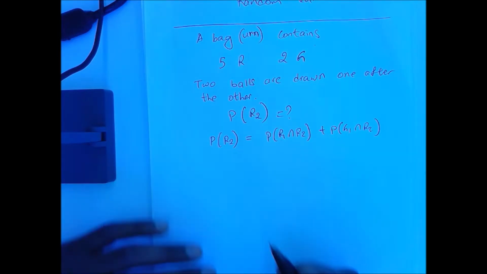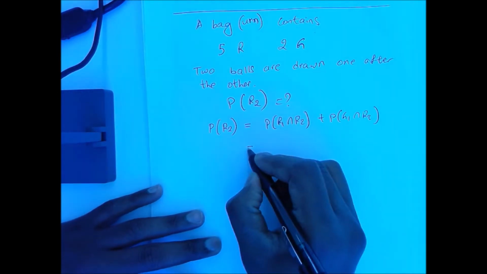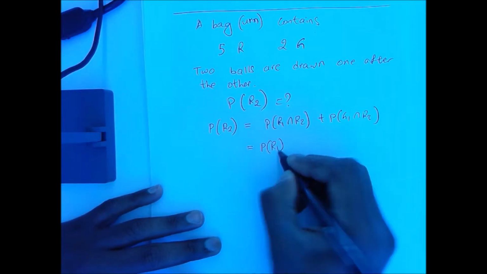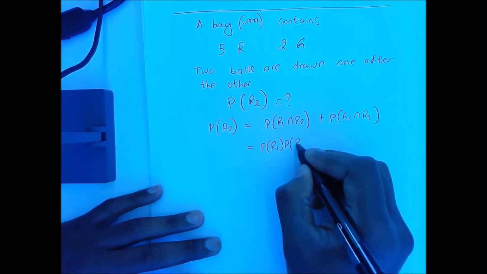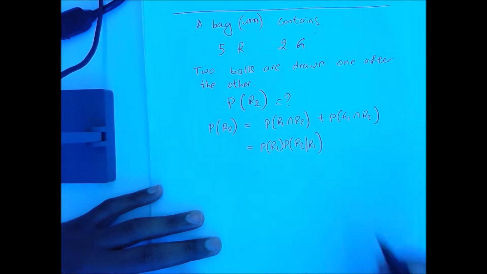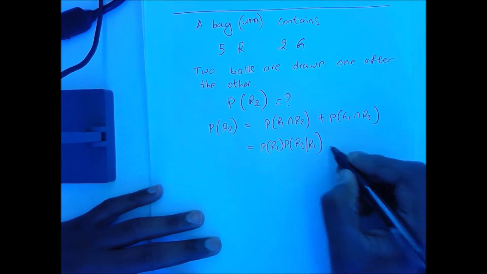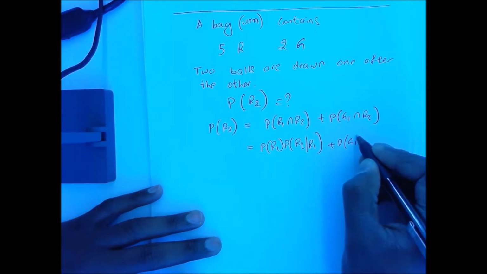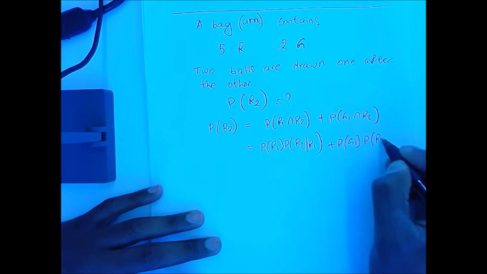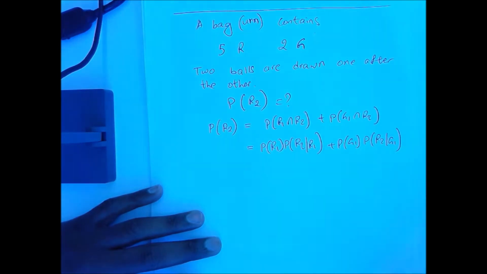So I can write this as probability of R1 times probability of R2 given R1, plus probability of G1 times probability of R2 given G1. And that's what was being calculated over there.